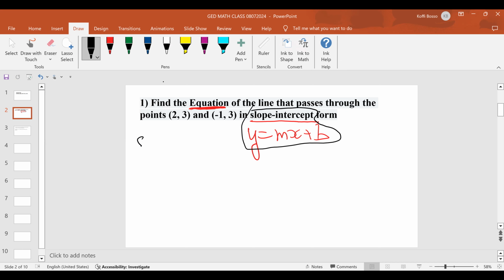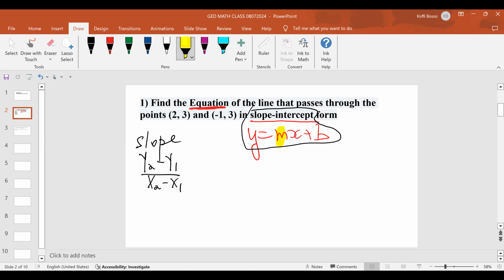But slope, like this, we have y2 minus y1 divided by x2 minus x1. That's what we call the slope formula. So there is a difference between just a slope, which is y2 minus y1 divided by x2 minus x1, and slope-intercept form, which is y equals mx plus b, where the m represents the slope.